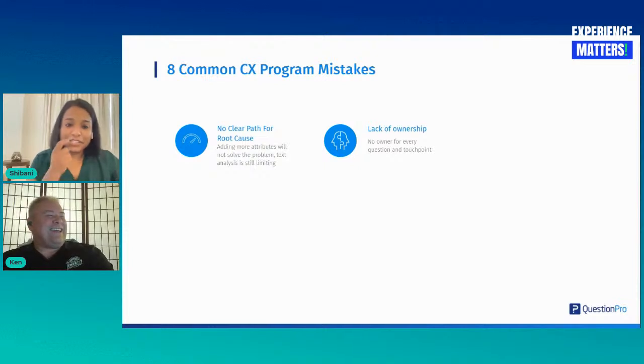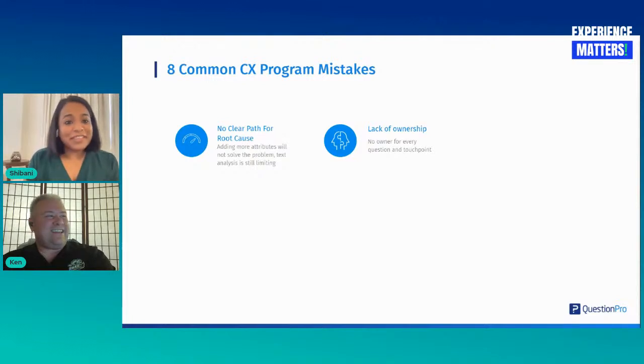And then this is actually something that we had covered in one of our previous shows as well, just the ownership, right? When you're building out this questionnaire, one, to get their inputs, but also after the data comes in, unless there is somebody who is responsible for that particular attribute, it's just going to slip through the cracks, right? Nobody's going to work on it. It's just a matter of collecting feedback, but nobody's actioning upon it.